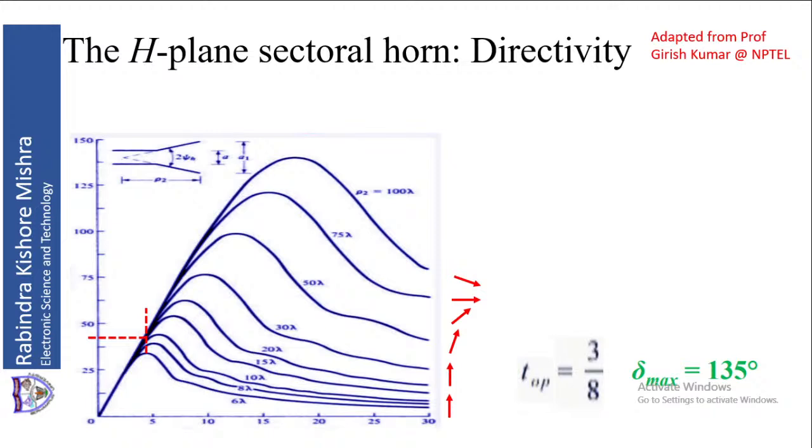When you get a maxima, after that it gradually decreases. Now, had there been no phase error, you would have got a higher directivity. You can see a red dashed line from the peak that goes up, where it meets the curve. From that point you would have a horizontal line, so that much directivity you would have got without the phase error, which means the phase error is affecting the directivity.